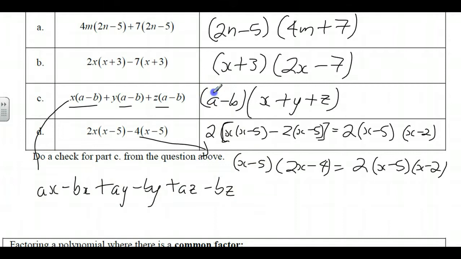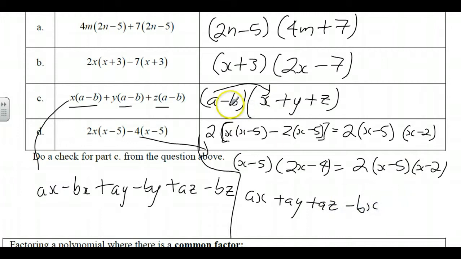Now let's multiply this out. So remember, binomial times trinomial. We get AX plus AY plus AZ minus BX minus BY minus BZ.